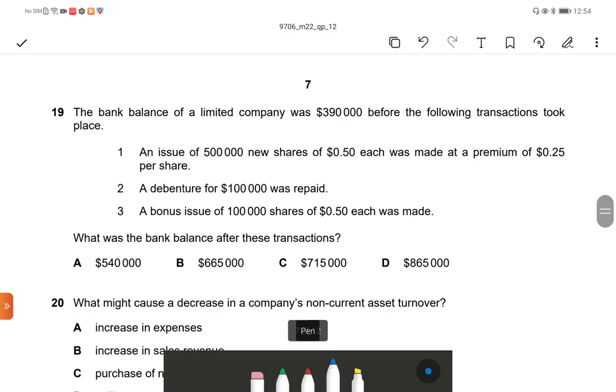Next, question number 19. The bank balance of a limited company was 390,000 before the following transactions took place. What is the question? What was the bank balance after these transactions?